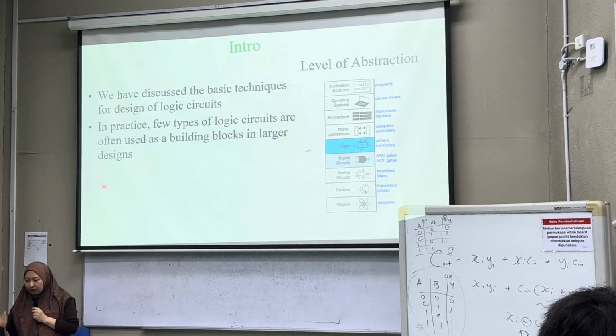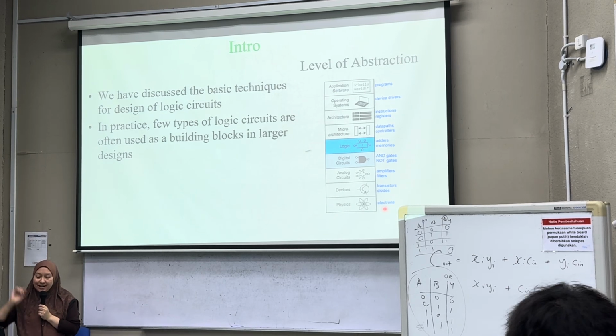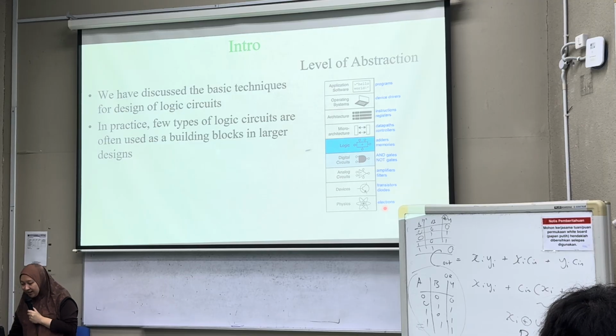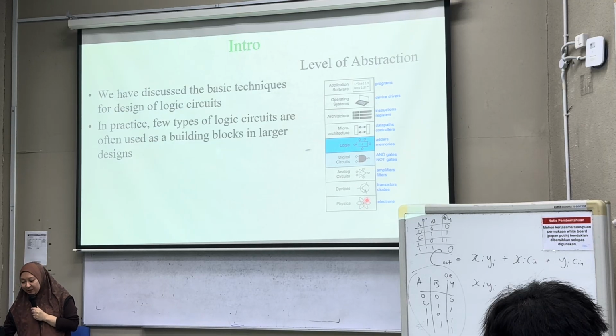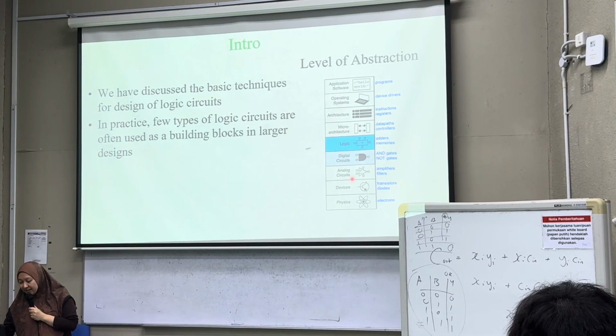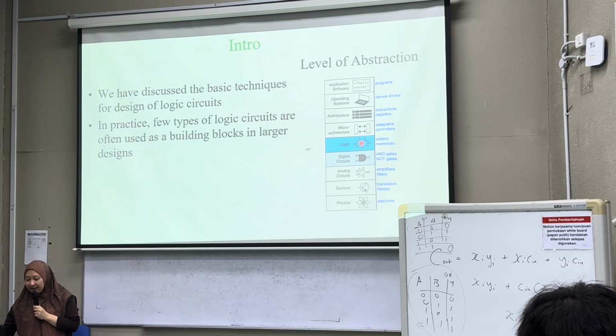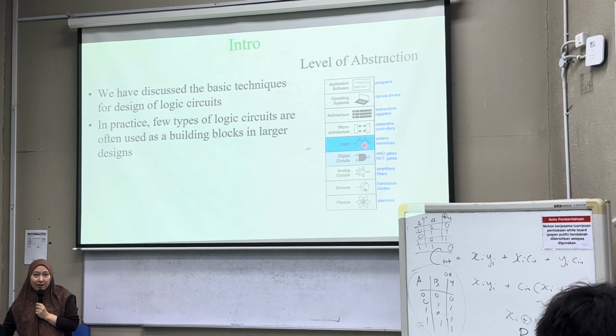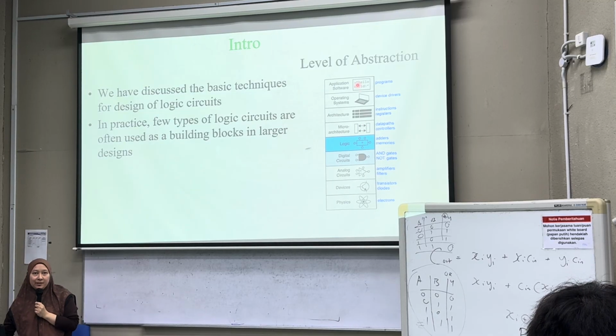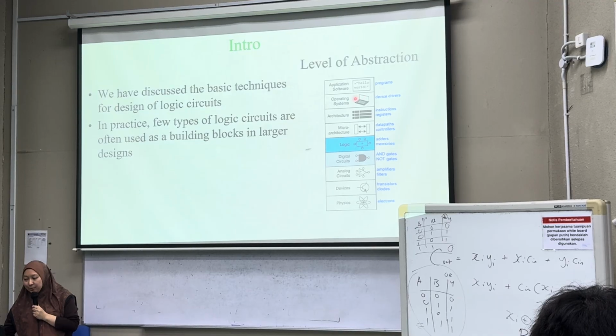Level of abstraction. This is basically what you're learning in digital design, in your EE journey. You've learned about electronic physics, you've learned about electronic circuits. Now you are here, digital systems, now digital design. Later on, if you want to go VLSI, and so on, embedded systems in your fourth year as your elective, this is what you will learn.